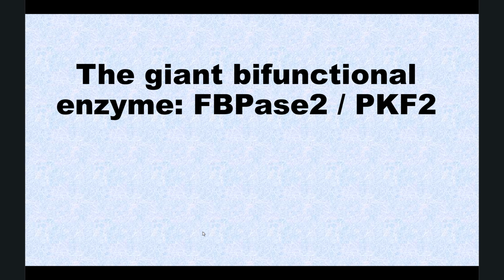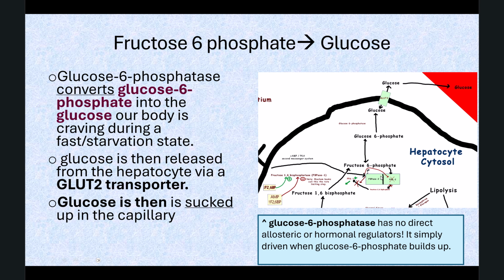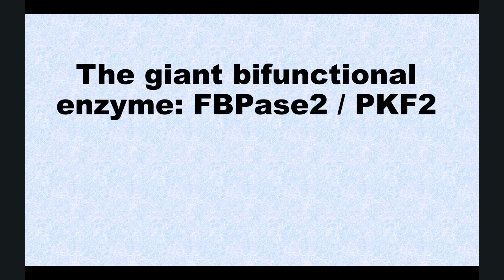All right, let's talk about that giant enzyme again. What giant enzyme? What are we talking about? This monster right here. It's a monster, but it's really the most important regulator of glycolysis and gluconeogenesis. It's super important. And it's a beast. I call it the giant bifunctional enzyme. What's its name?